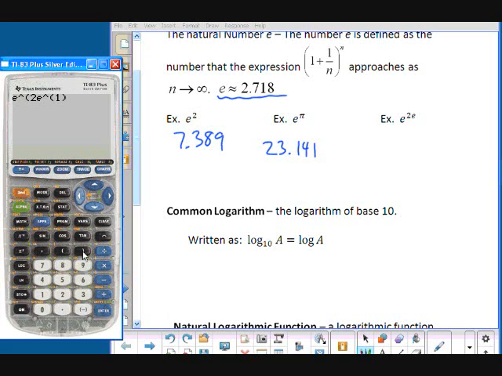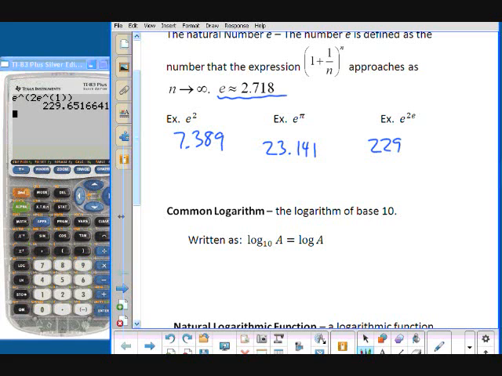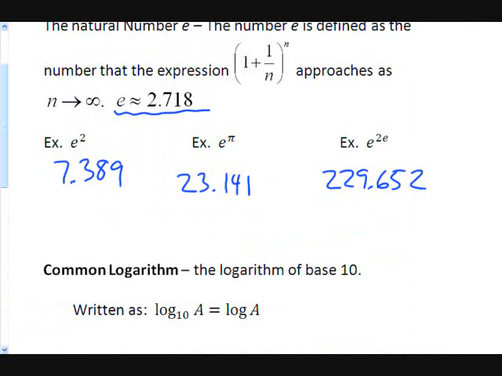Okay, so now I close the parentheses for the e to the first, and now I close the parentheses for the entire exponent. So now what I have is e raised to the power of 2 times e to the first, which is what this really is. And when I hit enter, I get 229.652. All right, so I kept them all at 3 decimal places. And again, it's just understanding that that value represents a number, and that value is also on our calculators.